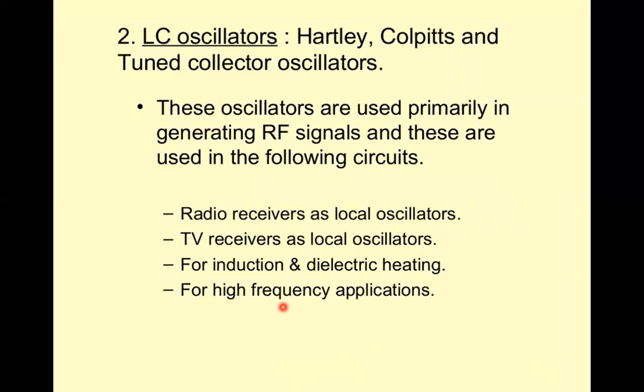Now the second part, the LC oscillators. Hartley, Colpitts and tuned collector oscillators are examples of LC oscillators. These oscillators are used primarily in generating radio frequency signals, and these are used in the following circuits: radio receivers as local oscillators, TV receivers as local oscillators, for induction and dielectric heating, and for high frequency applications.